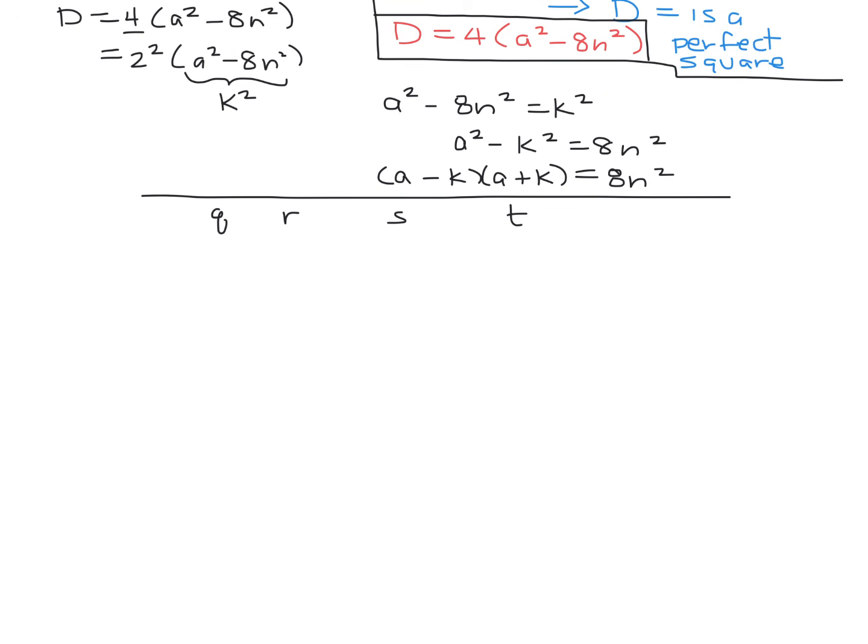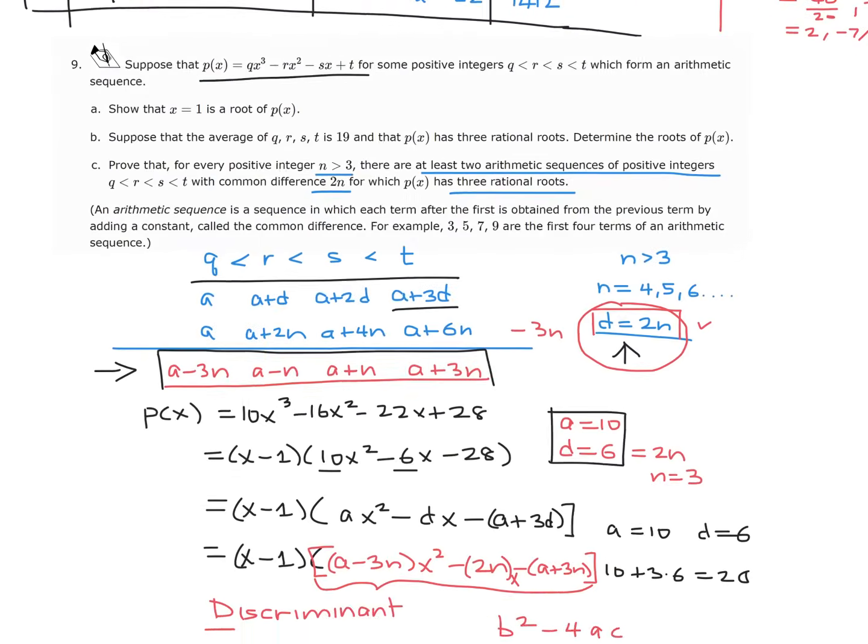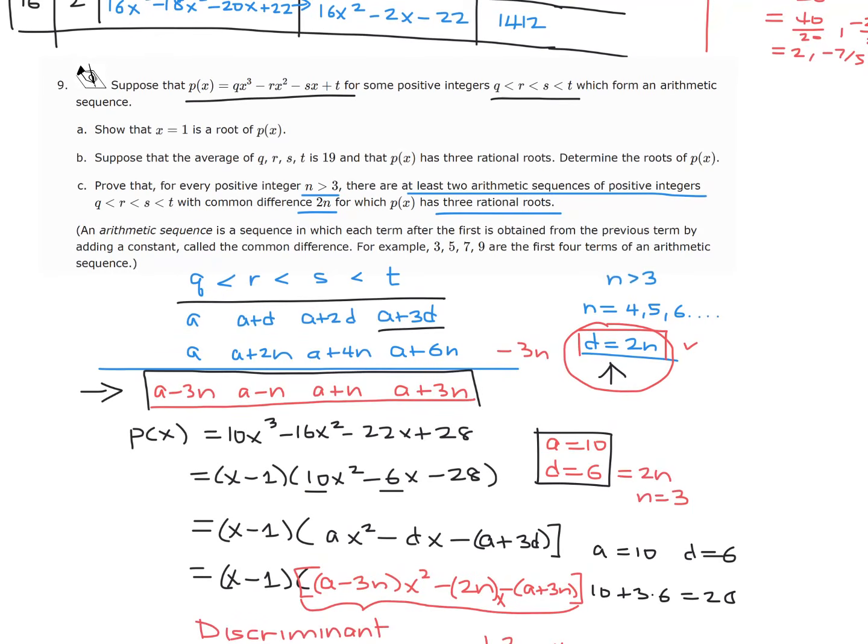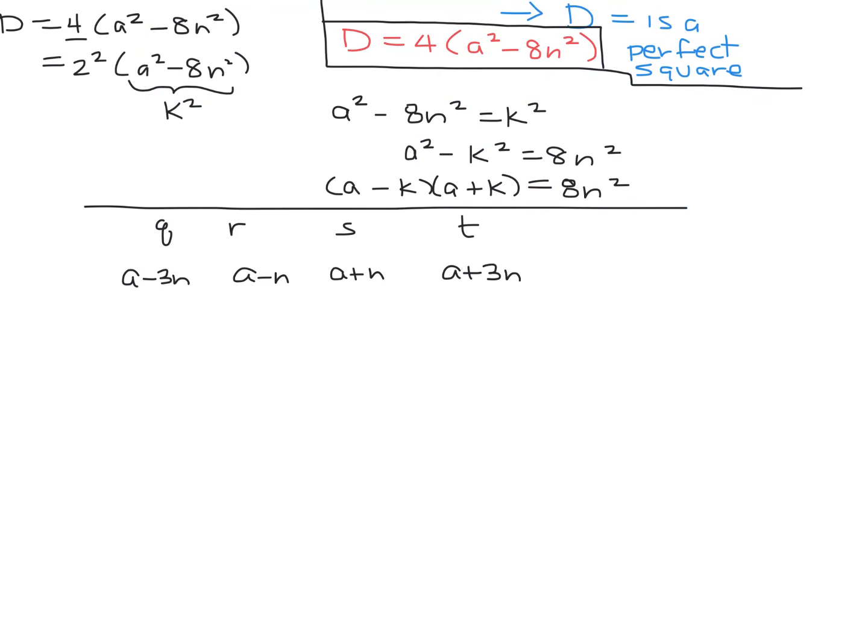And I had chosen a minus 3n, a minus n, a plus n, and a plus 3n, like that. Correct? And all of these were positive. I have to just double check here. Yes, all of them are positive integers, so all of these are greater than 0. And this was just completing that inequality.